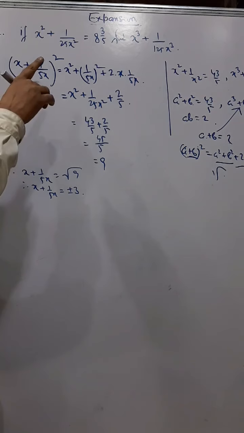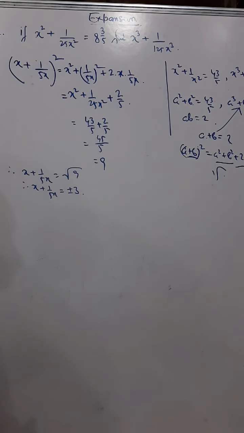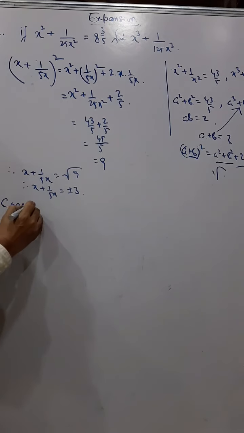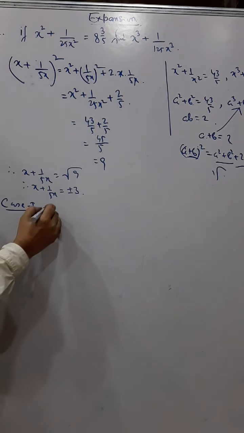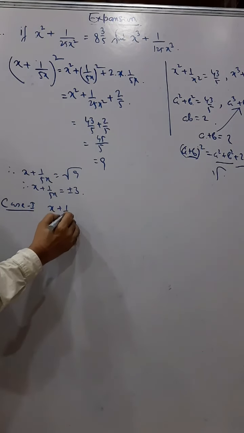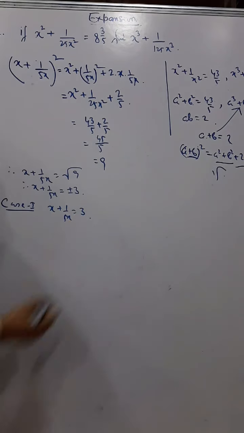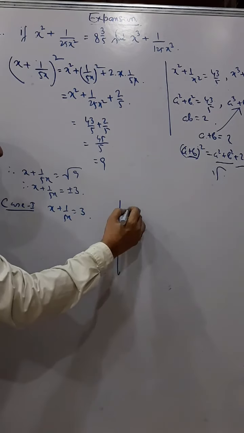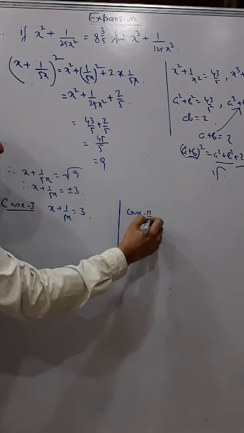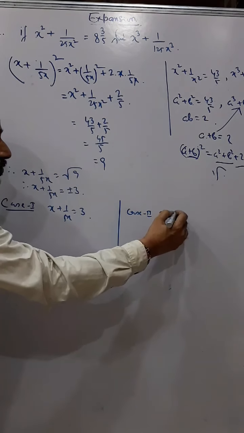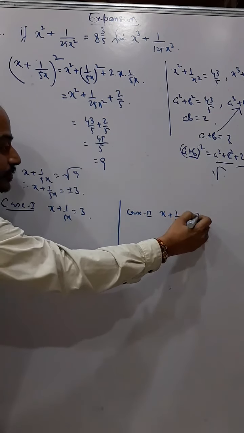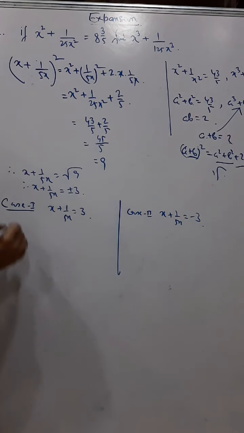And now we have to find x cube plus 1 by 25x. Here also two cases. Case 1, that is x plus 1 by 5x equals 3, and then I will do again case 2, and that is x plus 1 by 5x is equal to minus 3. And then here also I will do cubing both sides.